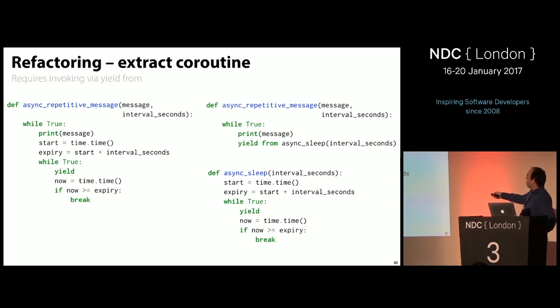Here we've extracted all the code except the print into async sleep, which is here. This now has the bare yield, and we can yield from async sleep here. So that's just a straightforward extract function or extract method refactoring done with generators. Rather than a call, we have to use yield from here.